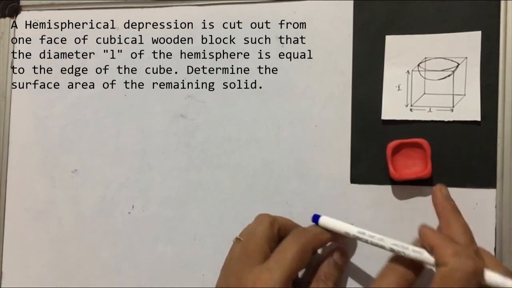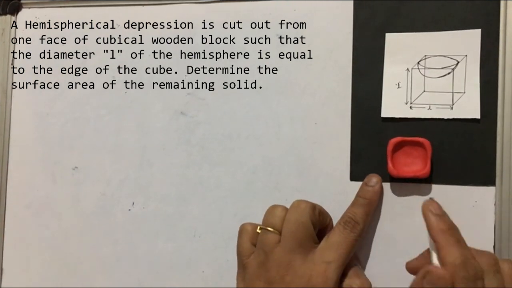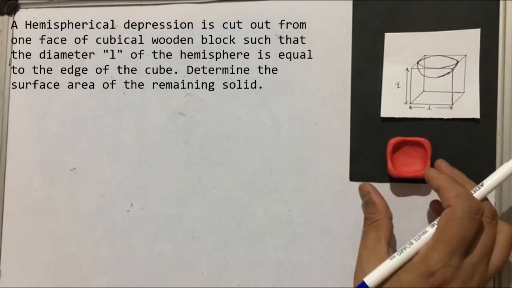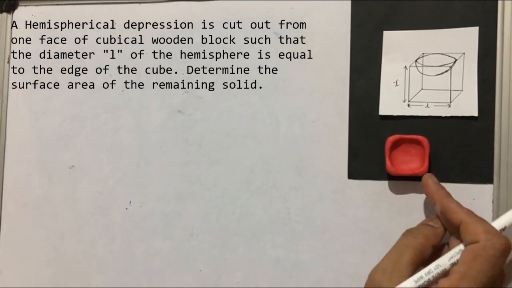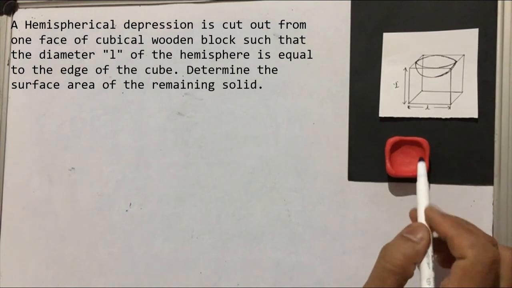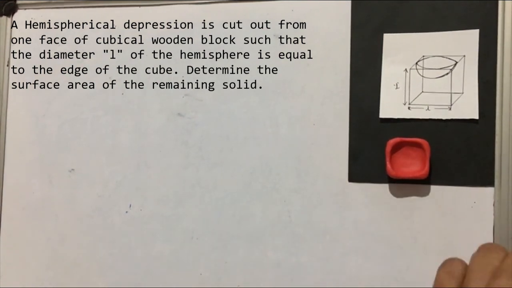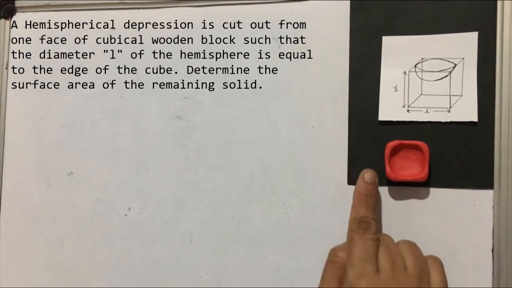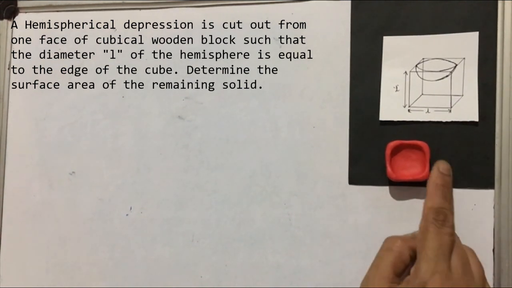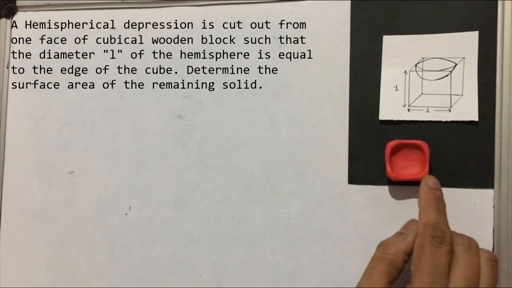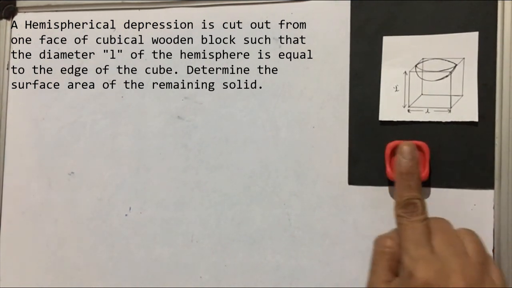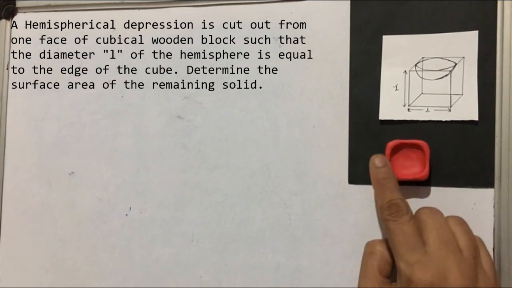From the wooden cube, I have taken a clay model. From this cube, if one hemispherical depression is taken out, what is left? From the total surface area of the cube, what is missing? Here, from one face, one circle-shaped area is missing.